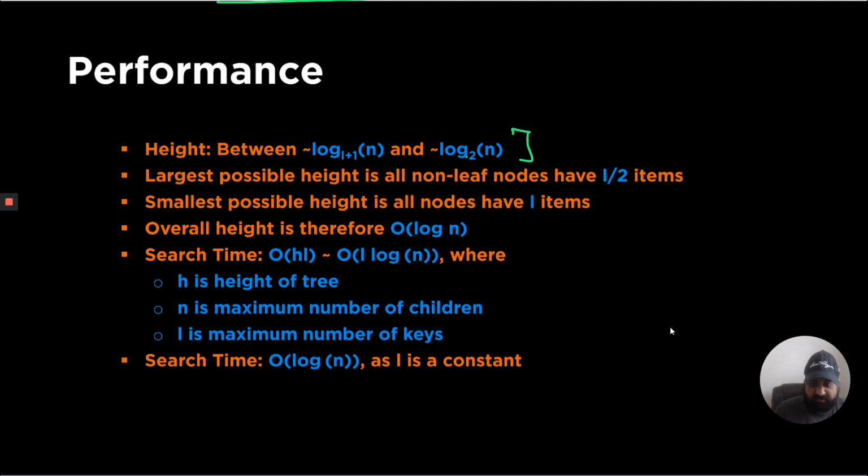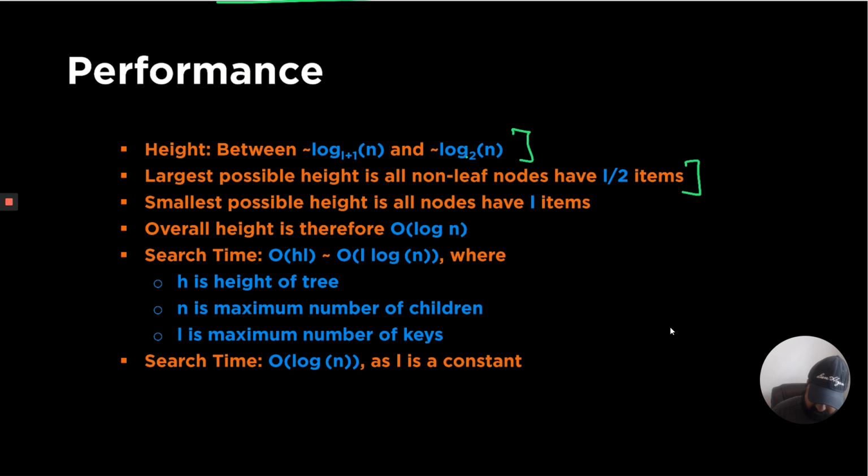We are not going to cover the analyses because it's outside the scope of the class, but the largest possible height that we can have is based on L divided by 2 items, while the smallest possible height is when we have L items in a particular node.